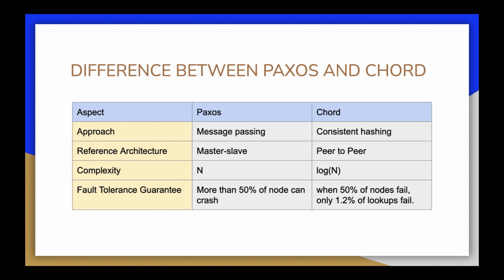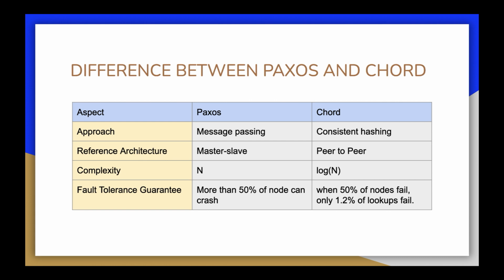There are some important differences between these two methods. The first one concerns the approach they use: Paxos uses message passing between the agents for selecting the value, for example in leader election, while Chord uses this consistent hashing method. The architecture that fits Paxos very well is master-slave, while Chord is peer-to-peer.